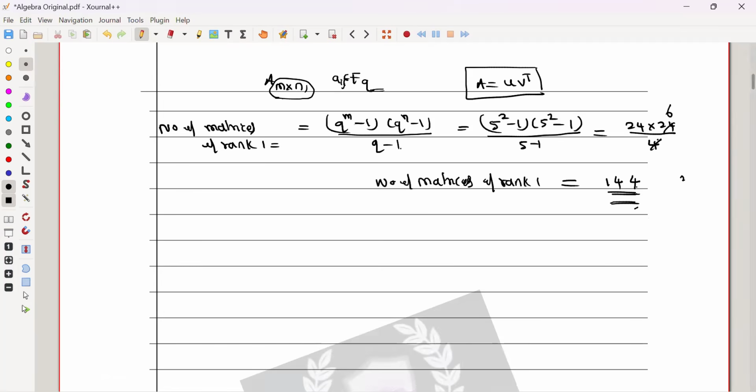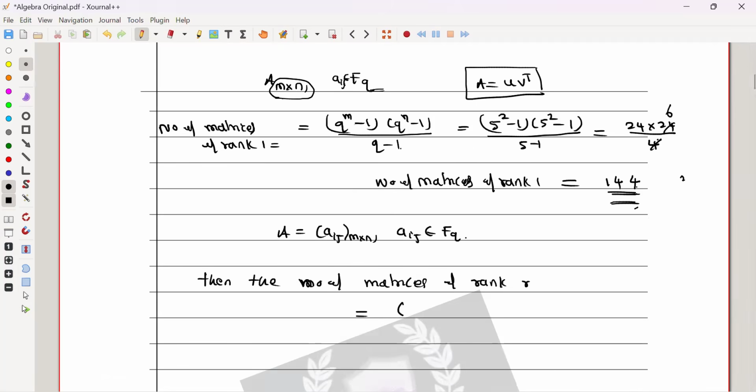Later, the number of matrices, if A is an m by n matrix where the entries are from the field F_q, okay, then the number of matrices of rank r is equal to the formula on this, sir.